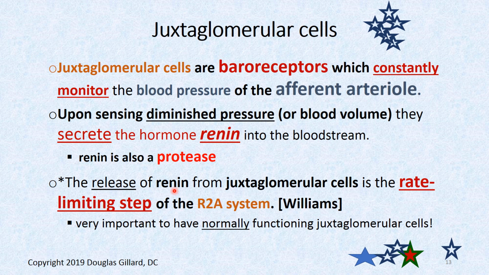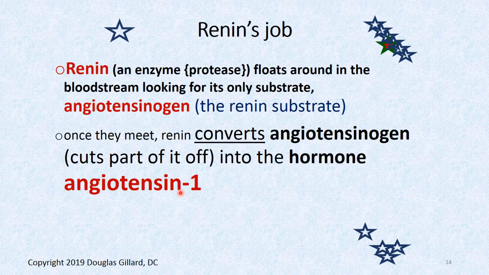So this is the rate limit. If we injected extra renin into the body, more angiotensin II would be released, because the ACE enzymes can handle way more conversion of angiotensin I to angiotensin II. But the bottleneck of this system is the production of renin right there. Good board question.